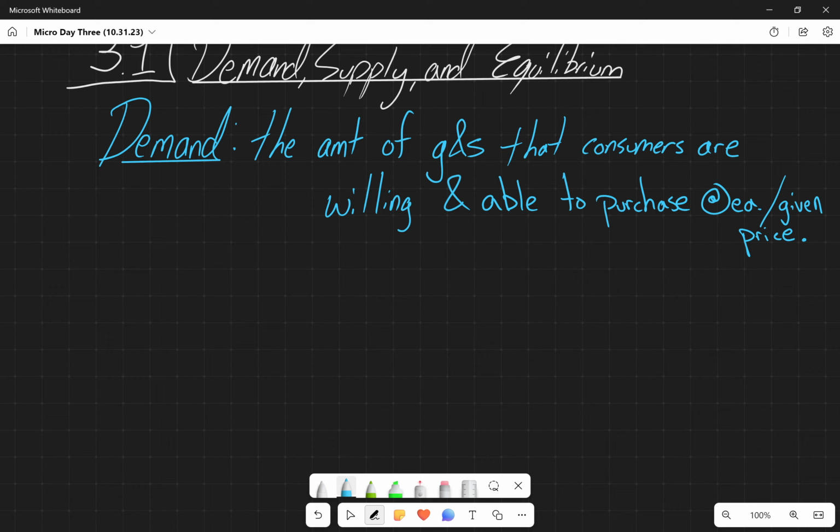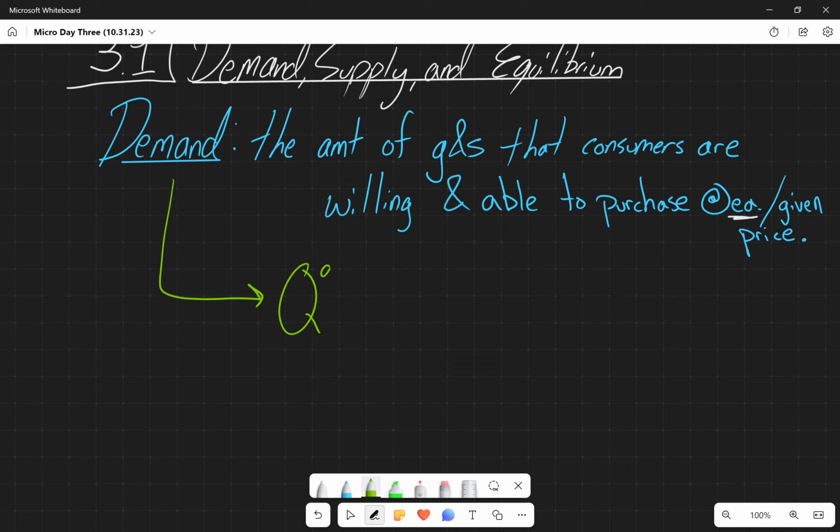Now, we need to differentiate between demand and quantity demanded. The demand is the one that's at each price, right? Each or given price. So demand is telling us the overall schedule. The quantity demanded is kind of a sub-definition of demand.